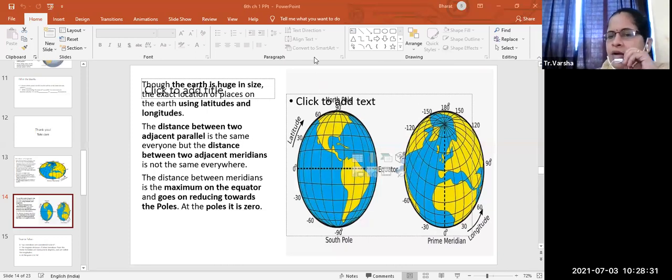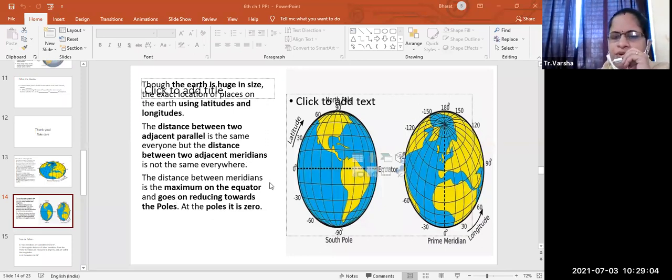But in the longitude, one circle is making a semicircle. For example, if we start with 30°, when we turn it, that will become 120°, whereas another 60° will become 150°. So this is the change in the adjacent meridians.